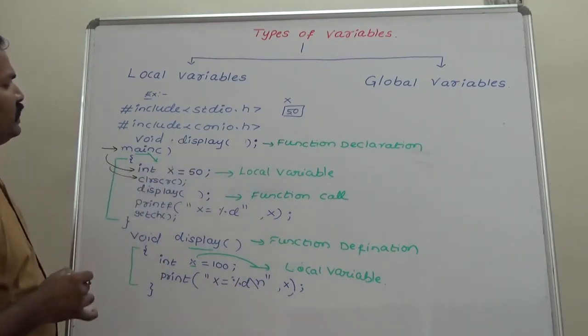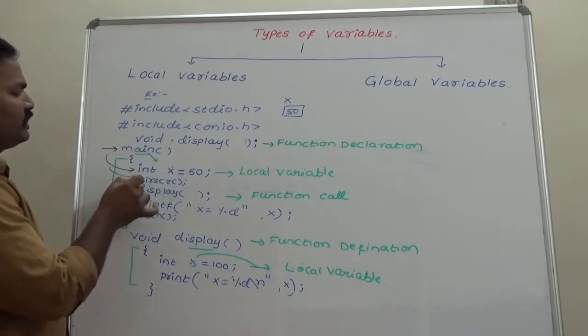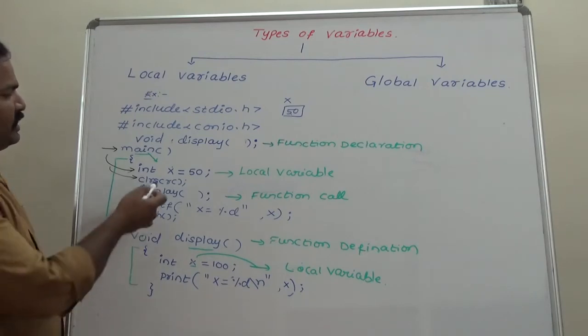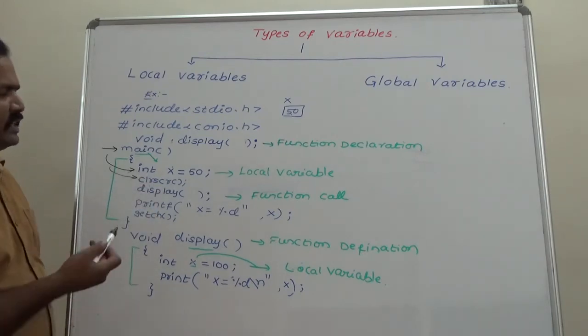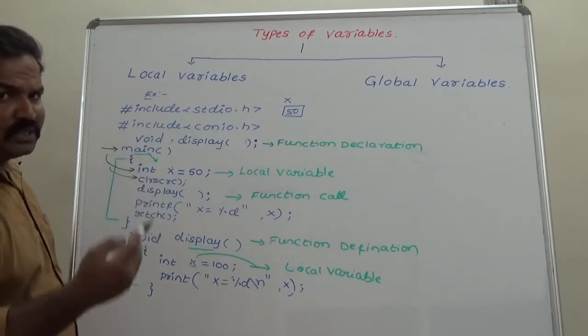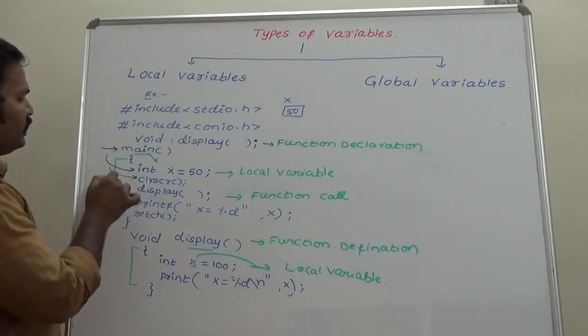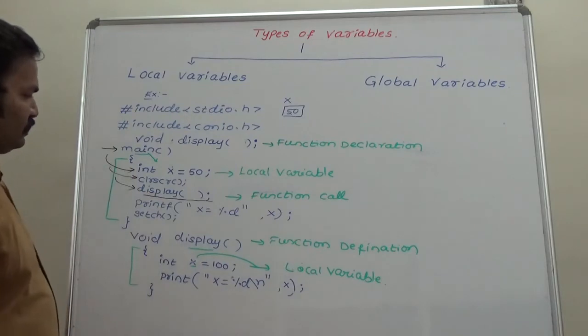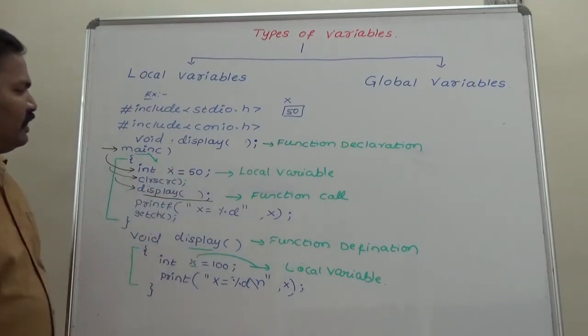executes. After executing the first statement, execution control is transferred to the next statement, that is the CLRSCR function. It will clear the output screen, console screen, black screen. Okay. Next, execution control executes the display function call.